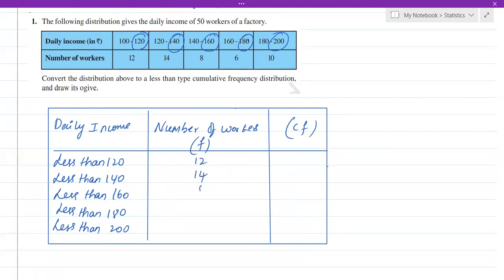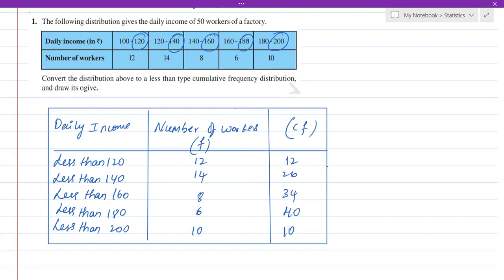The values are 12, 14, 8, 6 and 10. Now let's find CF. 12, 14 plus 12 is 26, 26 plus 8 is 34, plus 6 is 40, 40 plus 10 is 50. This middle column is actually not required, but we have written it just for our purpose.